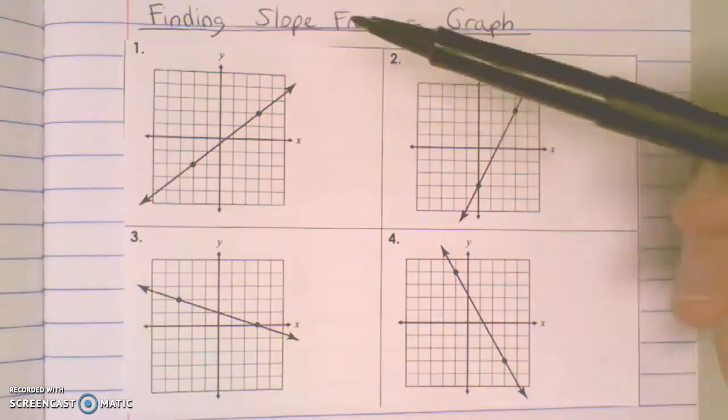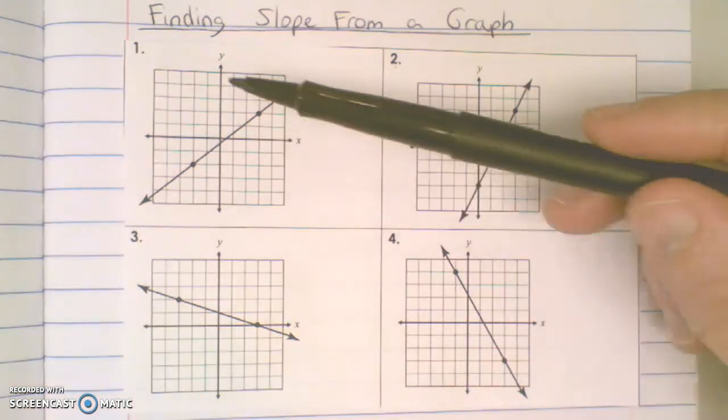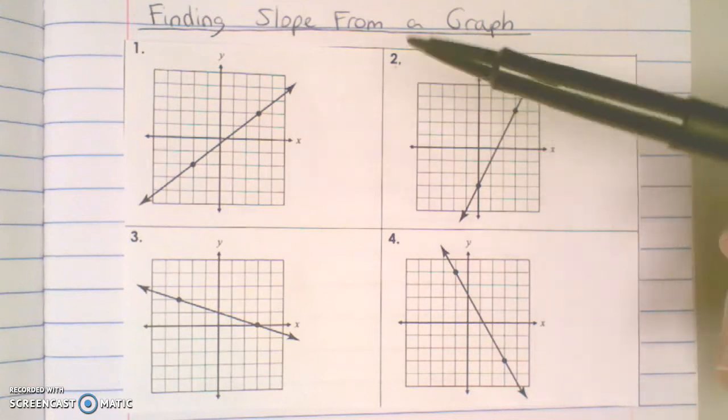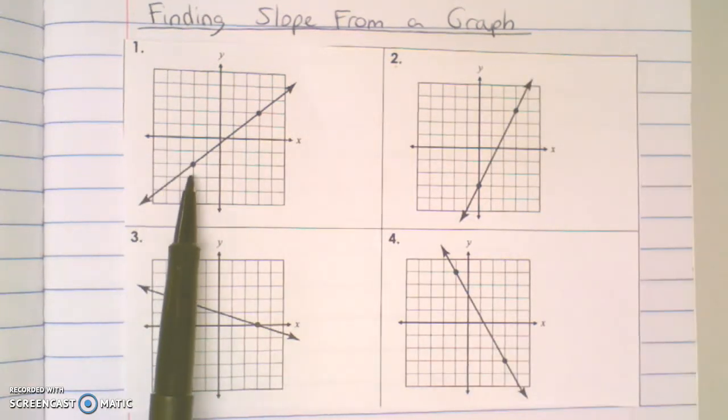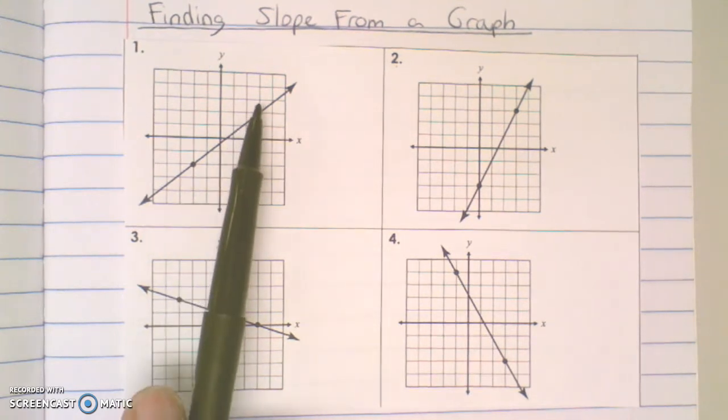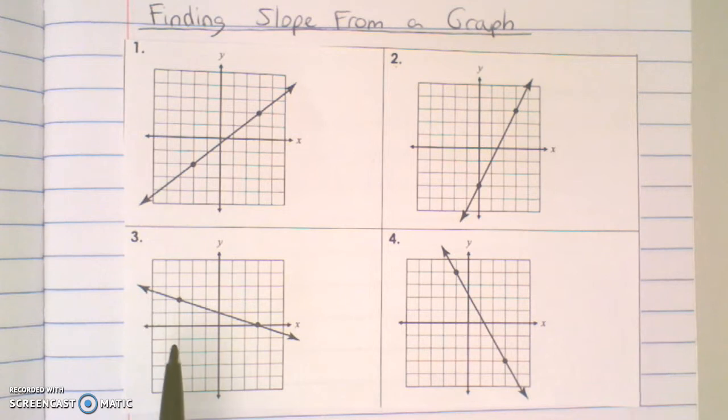So here's your coordinate plane. You have x and y labeled as the x and y axis. We're going to start with the point furthest to the left. So the point furthest to the left that I can see is this one. And I want to describe the movement to get from this point over to this point. So I'm going to describe my change vertically, so up or down, to my change horizontally, right or left.